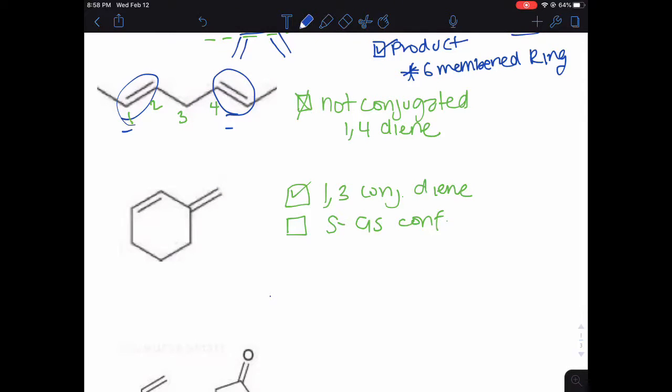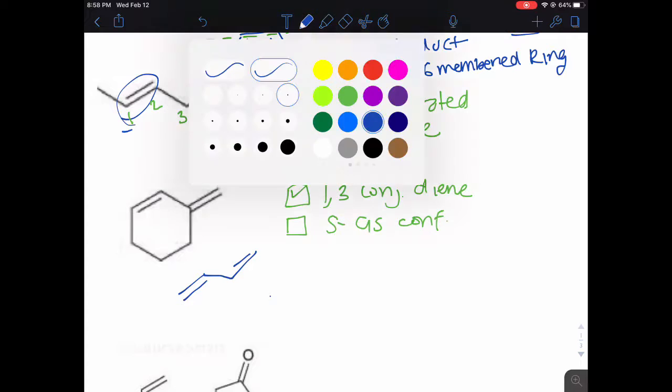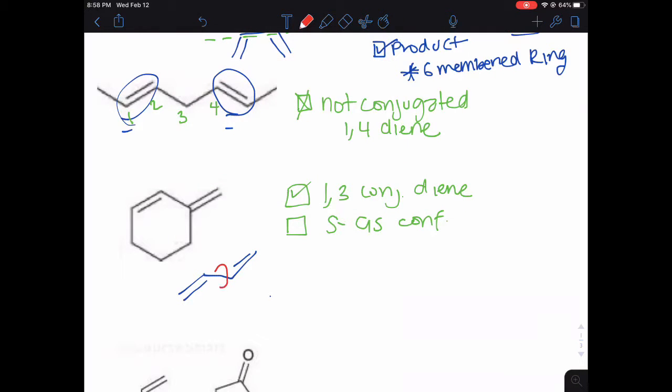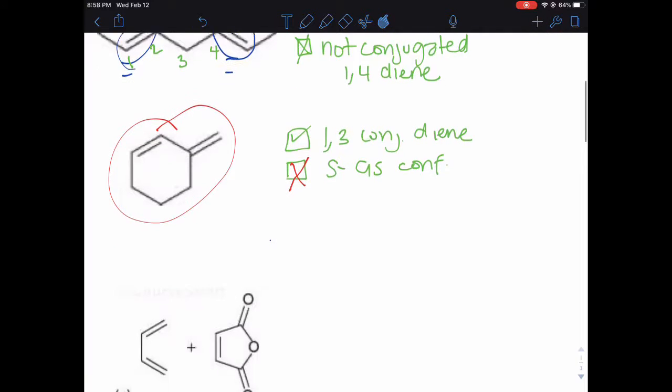So let's say we have something like this, right? We could rotate this sigma bond, because you can rotate sigma bonds so that the two sides of the diene can face the same direction. But in this case, we have a ring, so that is not possible. So we cannot use this diene either for a Diels-Alder reaction.